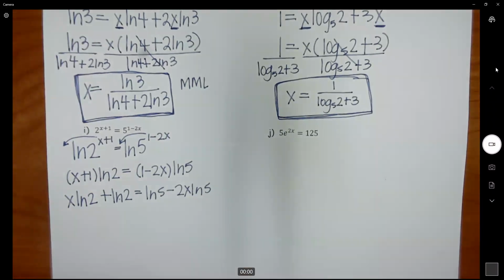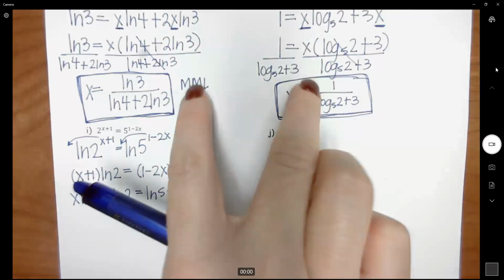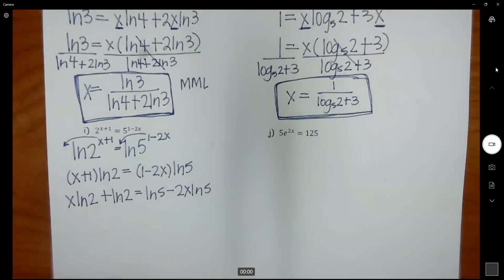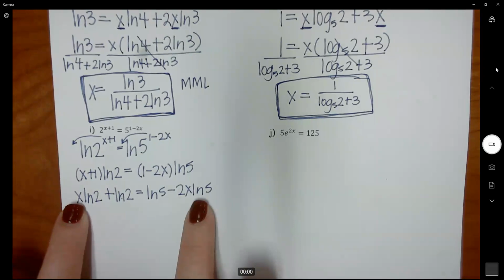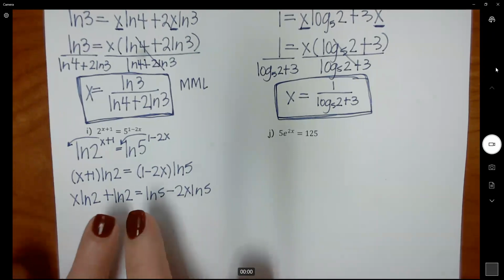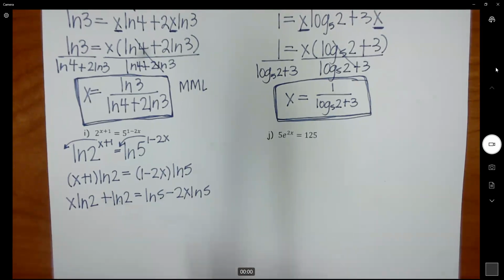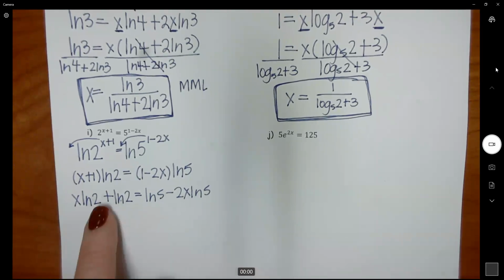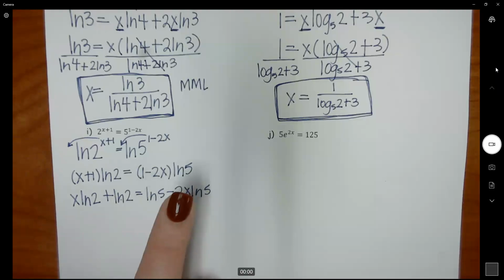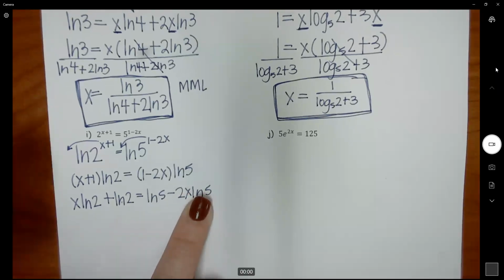Okay, the same thing happens as it did up here, as it does with any equation. I need to get these x terms to one side, and I need to get my constant to the other side as well. It does not matter which way you go. I'm going to get my x over here and my constant over here.